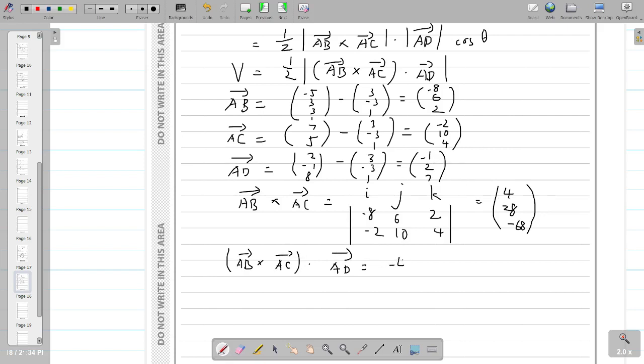So negative 4 plus 28 minus 7 times 68, which is equal to, I'm too lazy to count this, negative 452. So the magnitude of this is just going to be 452.